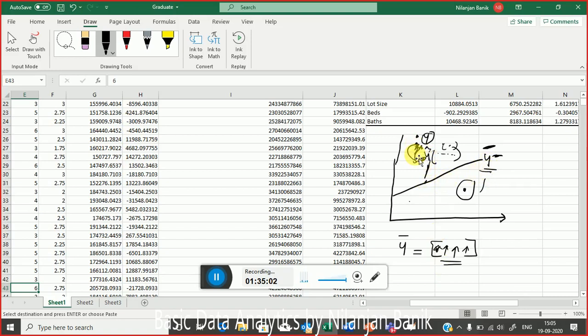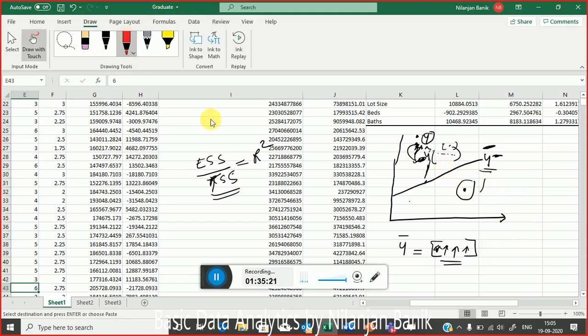So the other explanation is going by ये जो ESS by TSS होता है. This is called R square. Now what is ESS?